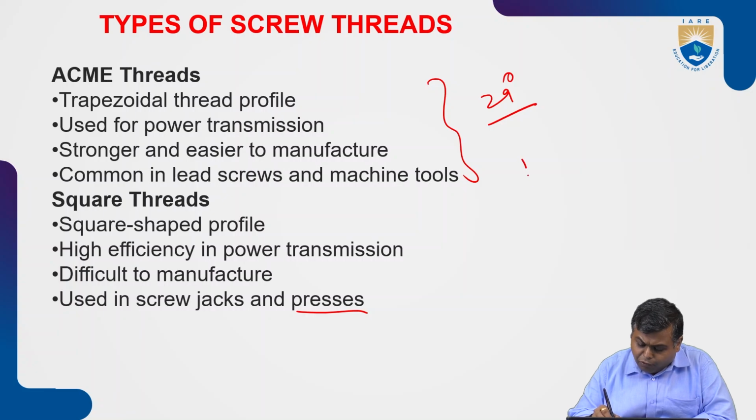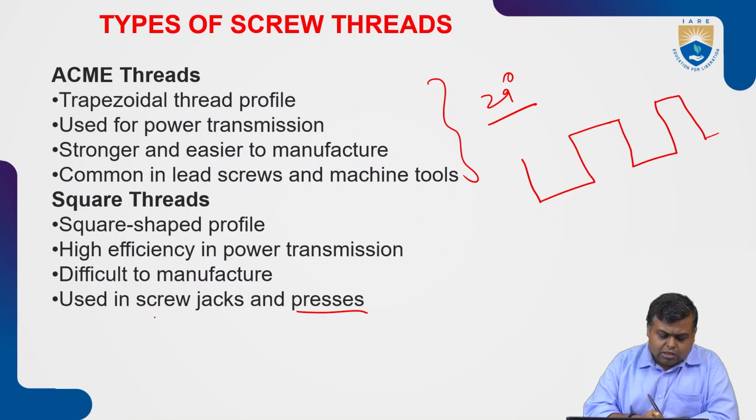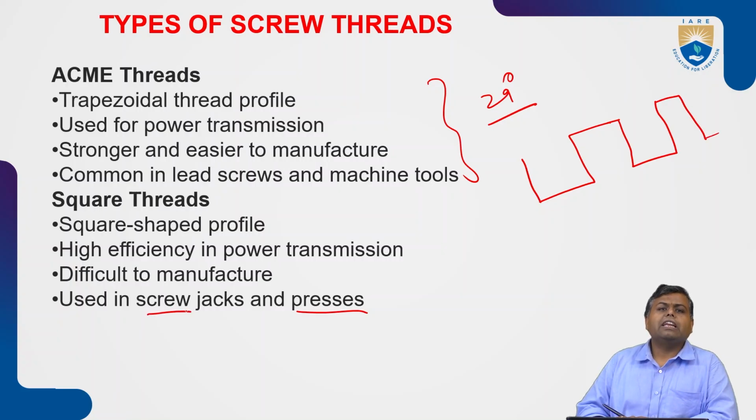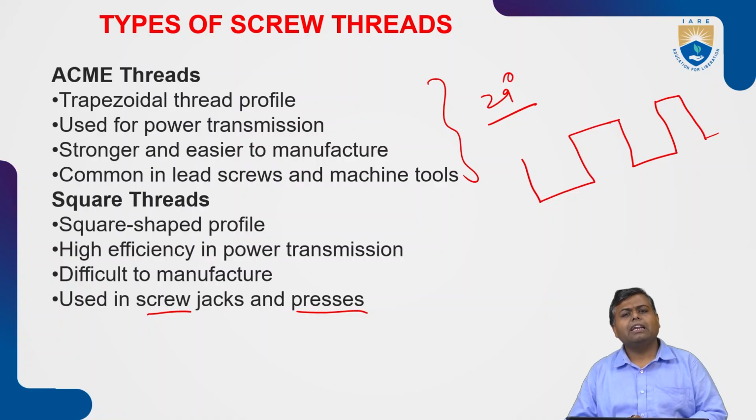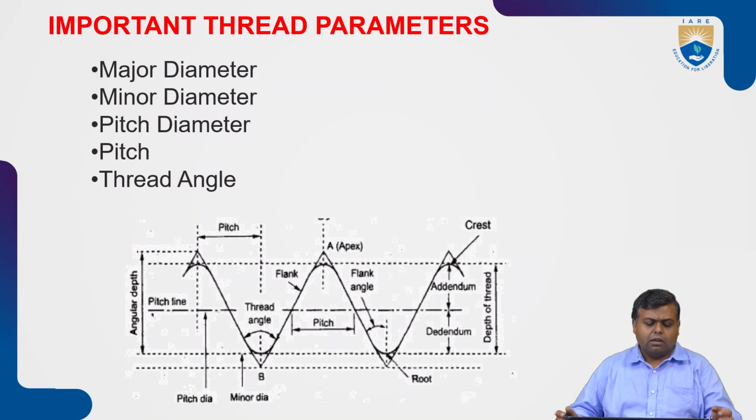The square thread profiles are very square in nature, and this will hold the position of the screws with respect to the lifting or lowering. The efficiency is very high with respect to transmission of the load from one place to another place, or power transmission with respect to these square threads.